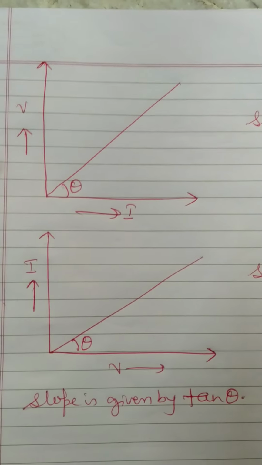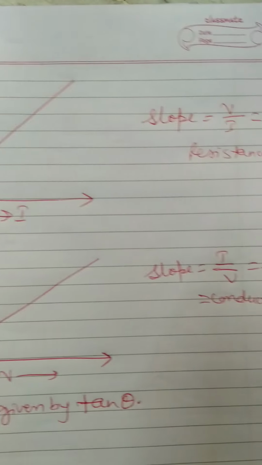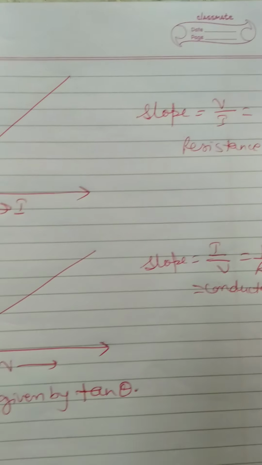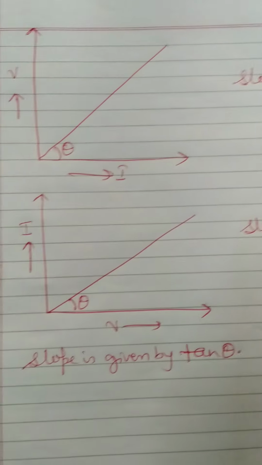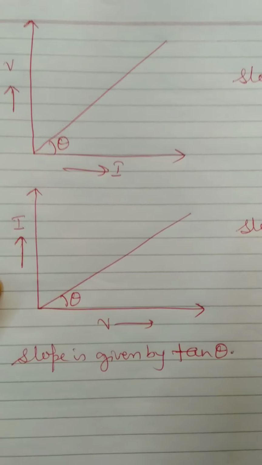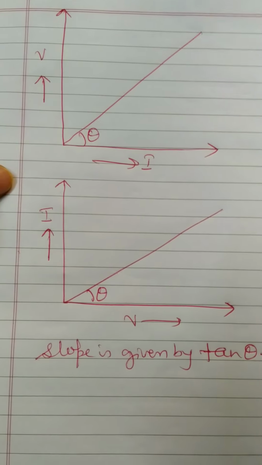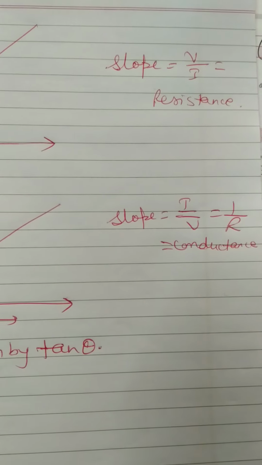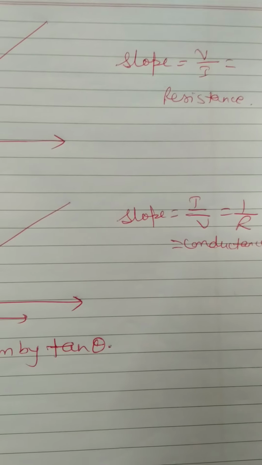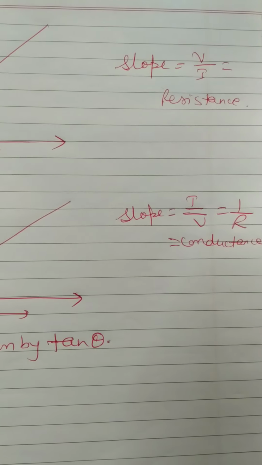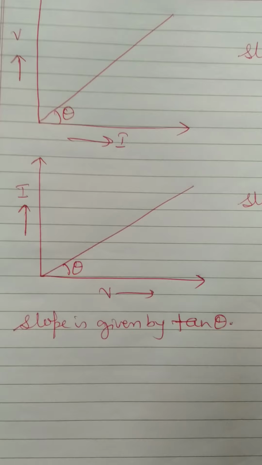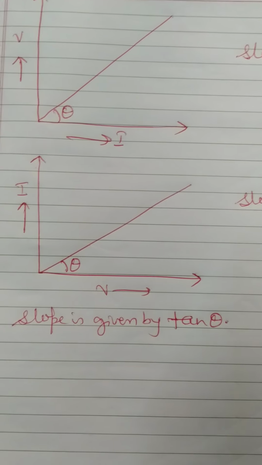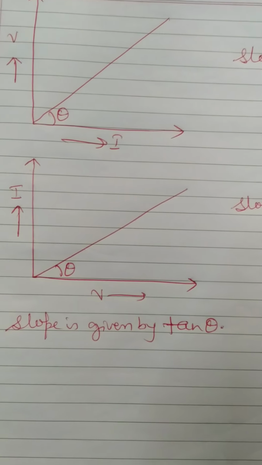The slope of VI graph gives us the value of resistance. If IV graph is given to you, means I is along y-axis, V is along x-axis, then slope is equal to 1 by R. That is called conductance. Means slope of IV graph gives us the value of conductance.